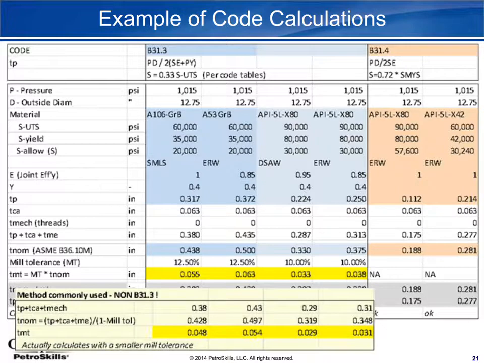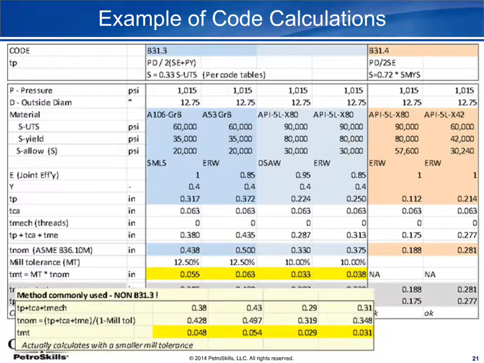The reason I show X80 material here is because X80 is not used in process facilities, and I like to demonstrate why. In this situation, I would need 0.438 wall thickness for A106 grade B, whereas for X80, I would need 0.330.